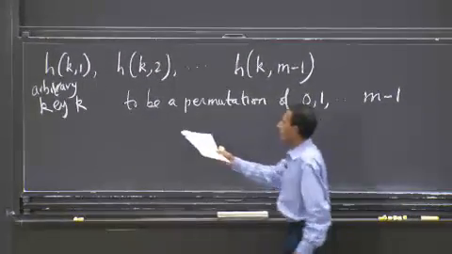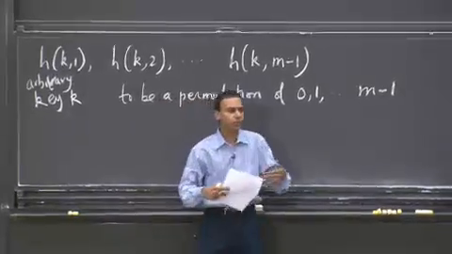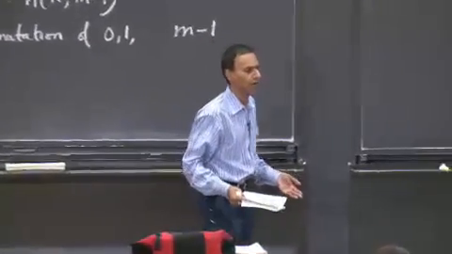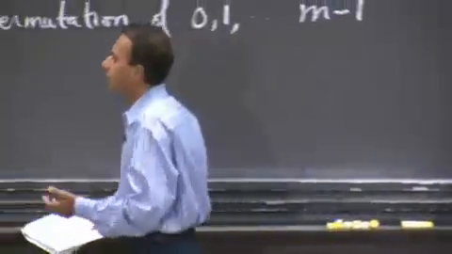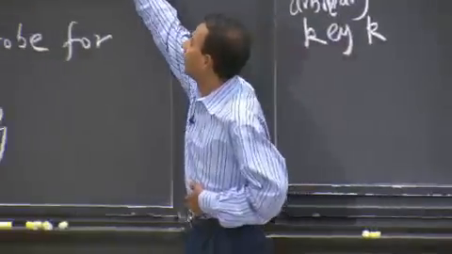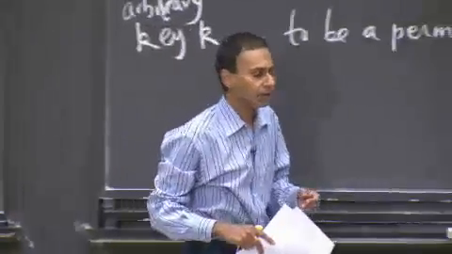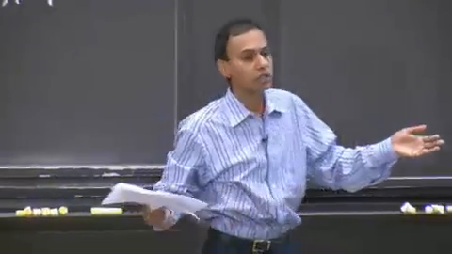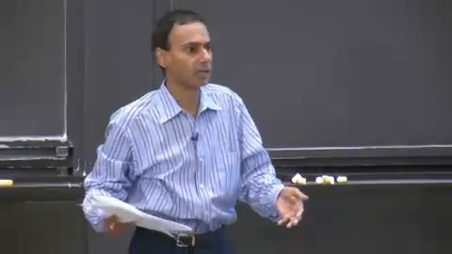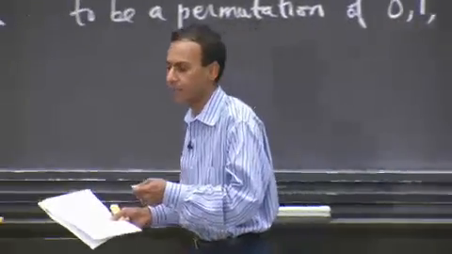And the reason for this hopefully is clear. It's because you want to be able to use the entirety of your hash table. You don't want particular slots to go unused. And when you get to the point where the number of elements n is pretty close to m, and maybe there's just one slot left, and you want to fill up this last slot with this key k that you want to put in there.